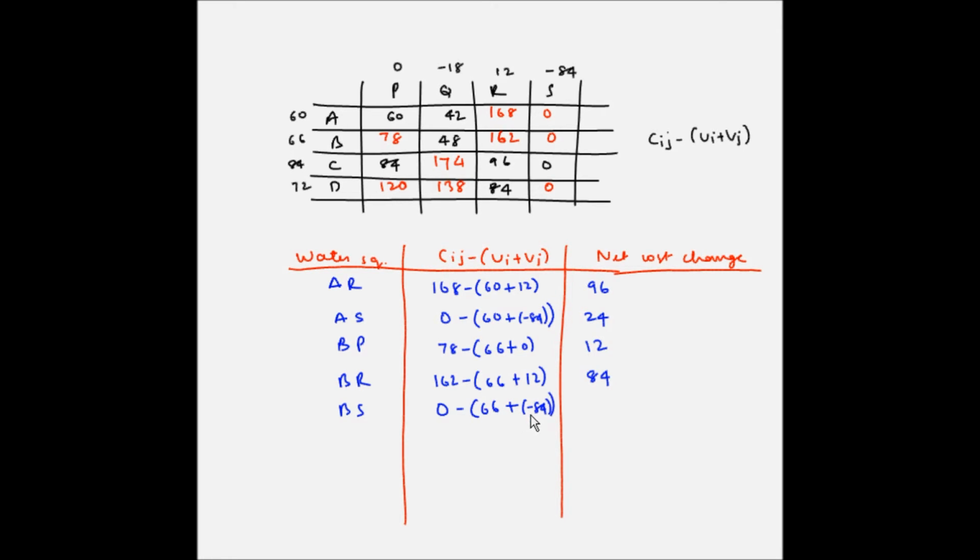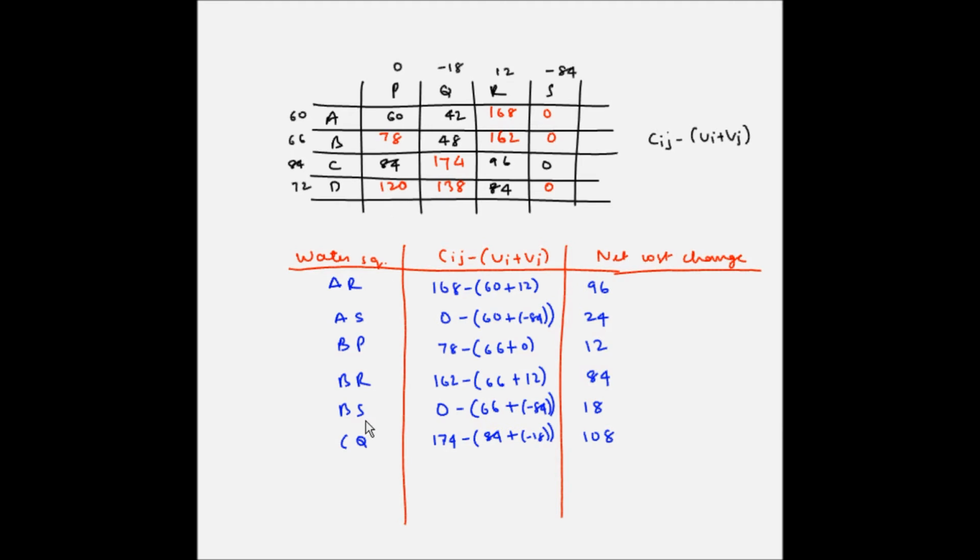So 66 minus 84 is minus 18, and there is a negative sign outside, so minus minus plus becomes 18. The next water square is CQ. Cij is 174, Ui is 84, and Vj is minus 18. So 84 minus 18 is 66, and 174 minus 66 is 108.